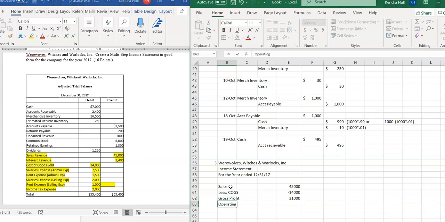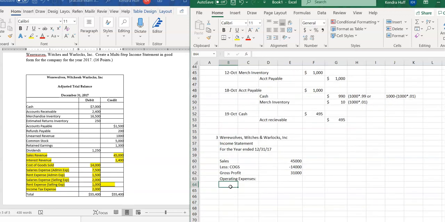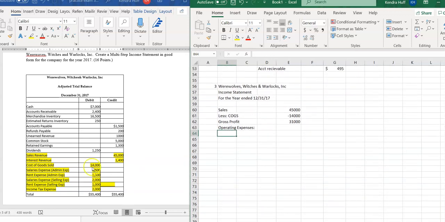And we have operating expenses. All right, we have selling and admin. So I'm going to do my selling salaries. I don't care what order. I don't care if you do admin first or selling first. I just happen to type that in first.